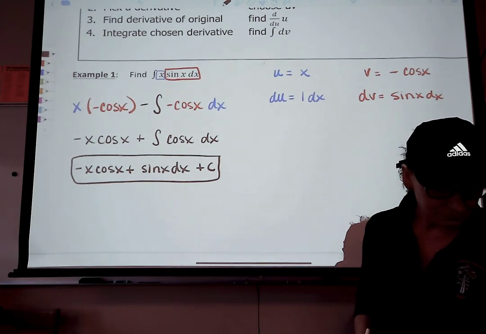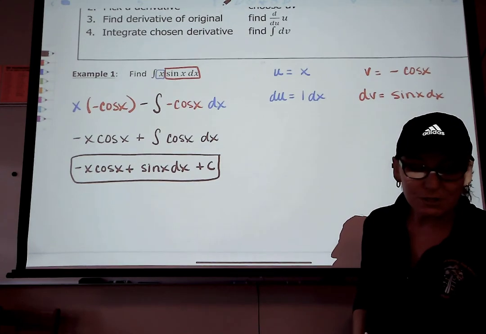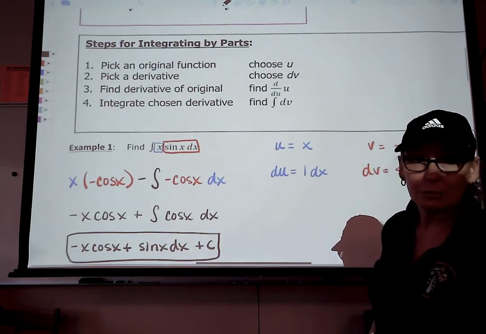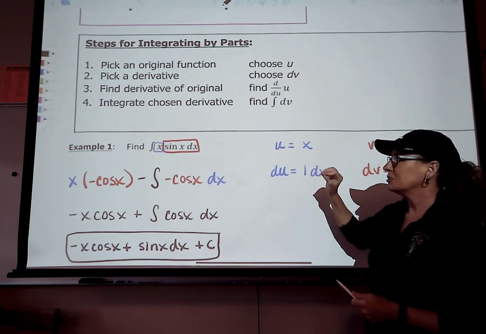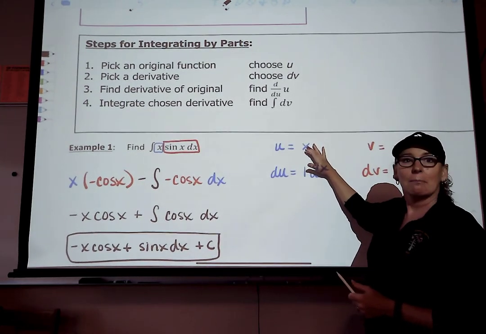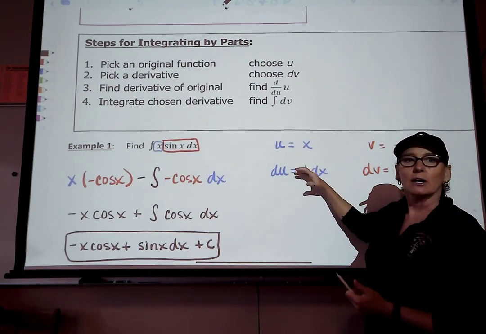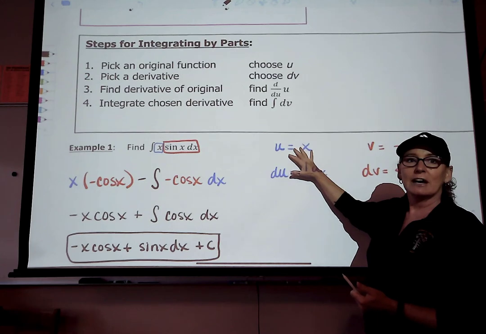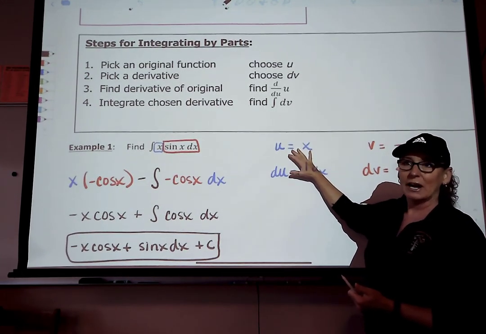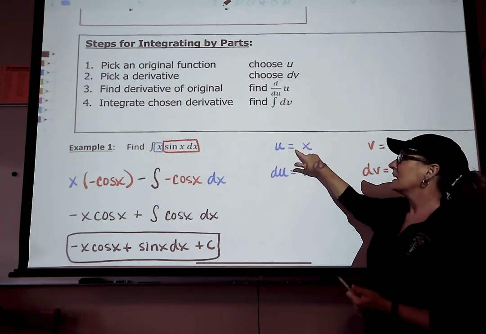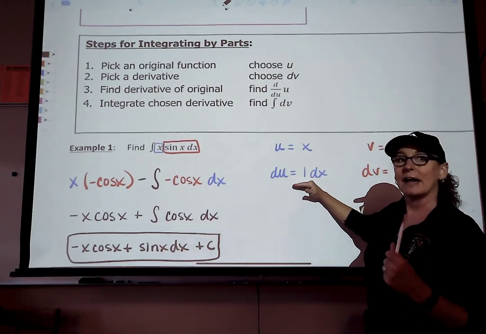Now, when choosing a u, this can get kind of complicated. When choosing a u, it's nice to choose a u that by doing a derivative, or maybe more than one, goes away. So whenever I have an x or an x squared or a 2x or something like that, I like to let that be my u, because when I do a derivative on that, I can get my x to go away.